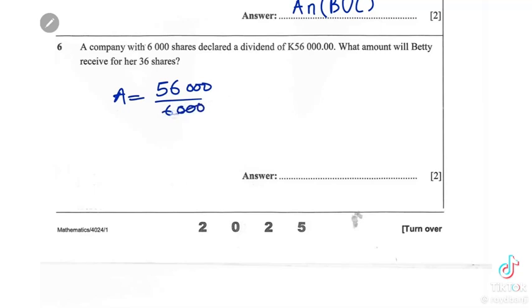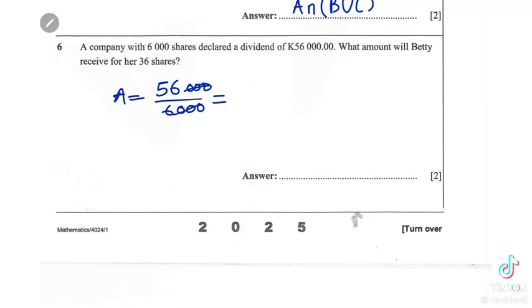So 6,000 shares. So this and that cancels. So what are we going to have? That is 56 divide 6. We should be able to find 9.33, if I'm not mistaken.